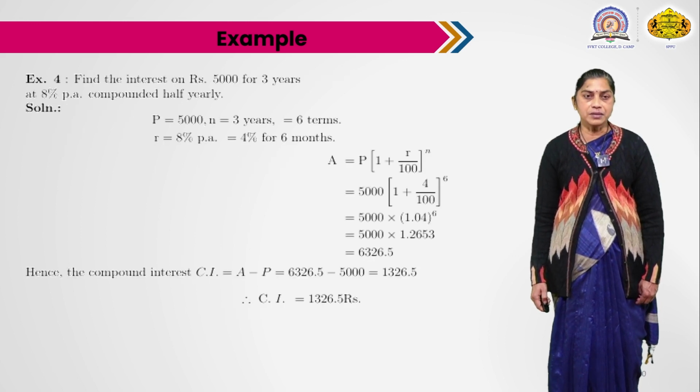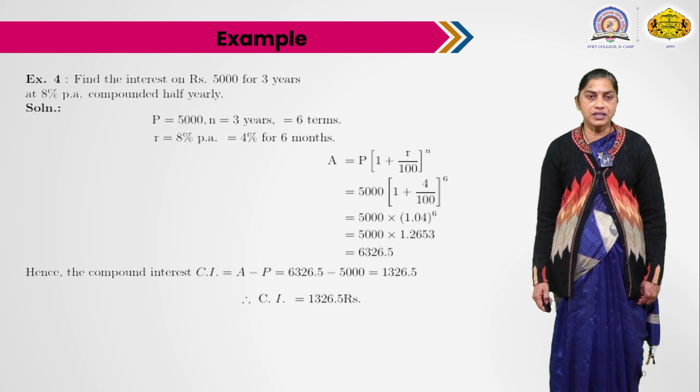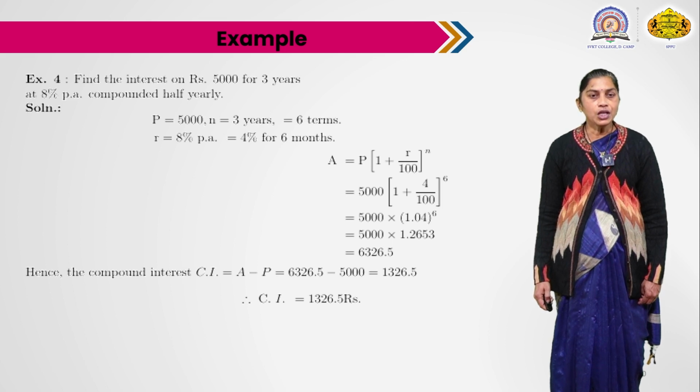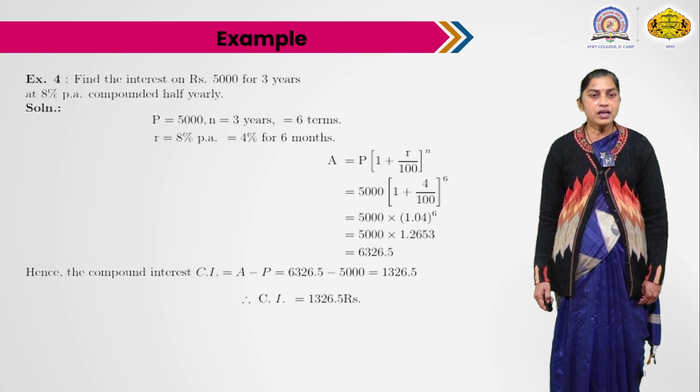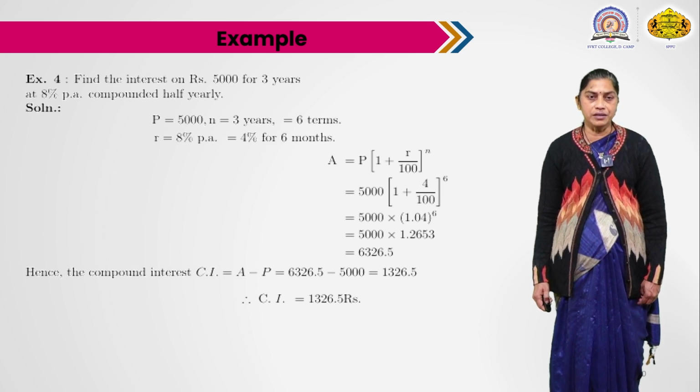See the next example. Find the interest on rupees 5000 for 3 years at 8% per annum compounded half yearly. Up till now we have seen examples where it is compounded yearly.